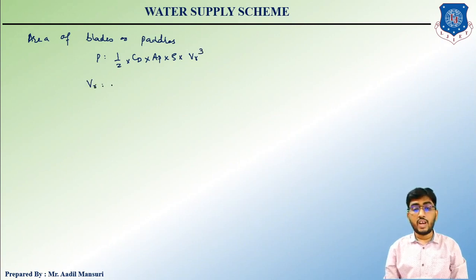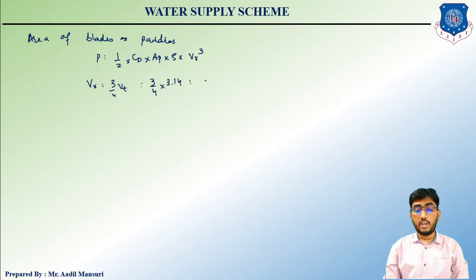So VR we don't have, so we will take it as 3 pi by 4 of VT, that is 3 pi by 4 of 3.14, and this comes out to be equal to 2.36 meter per second, right?